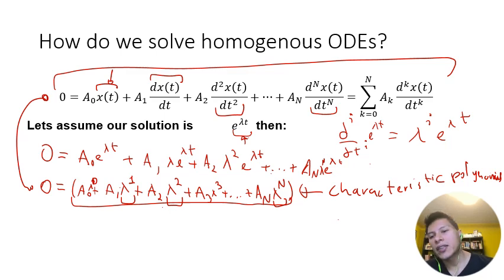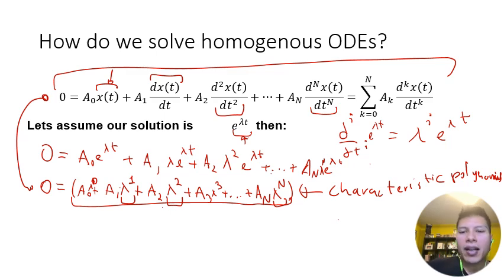So in general, the characteristic equation just simply replaces each order of derivative with a power of lambda. So x of t gets replaced with 1, or lambda to the 0. dx dt gets replaced with lambda, or lambda to the 1. The second derivative gets replaced with lambda squared. The third derivative gets replaced with lambda cubed, and so on and so on. So to go from a differential equation to its characteristic polynomial, you just replace derivatives with powers of lambda.